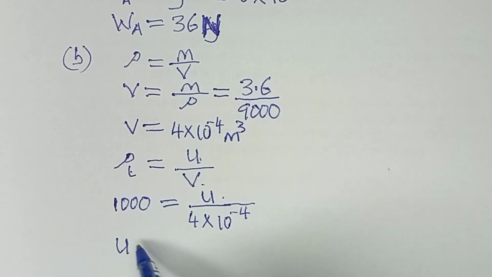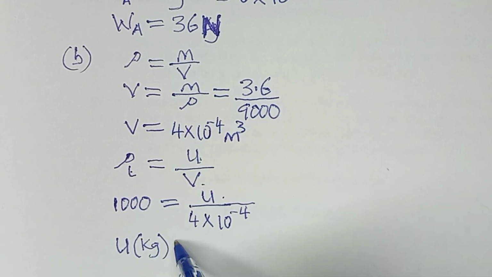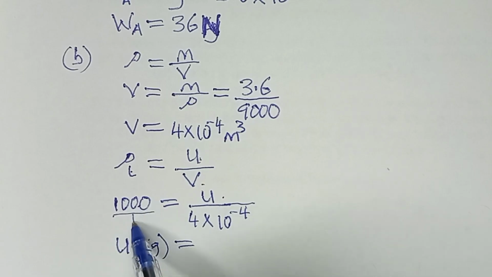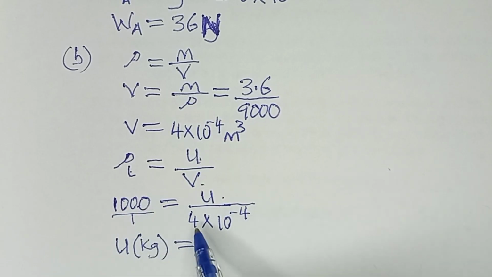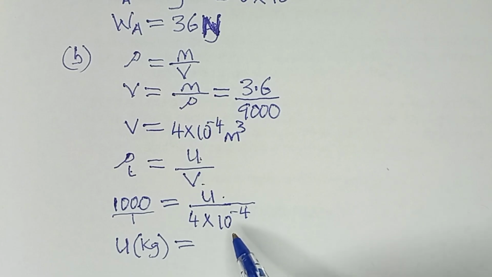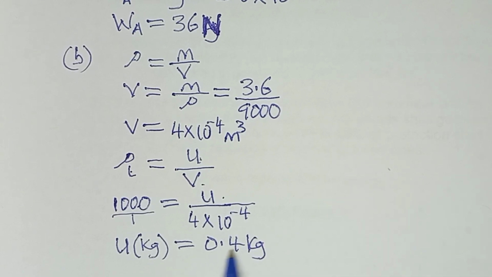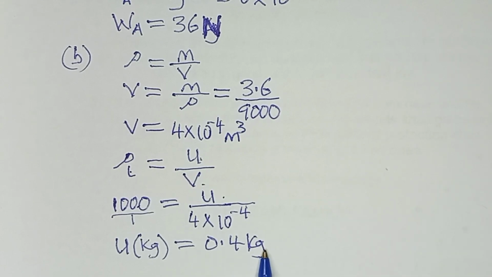So the upthrust in kilogram will be equal to cross multiplying this, because this is like over 1. So U multiplied by 1 gives us U. And then 1000 multiplied by this value is going to give us 0.4 kg. So this is the upthrust in kilogram.